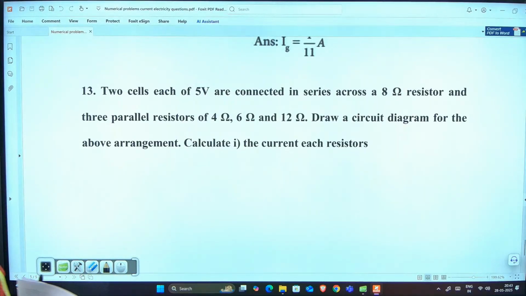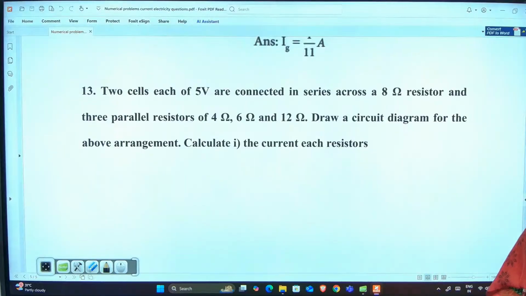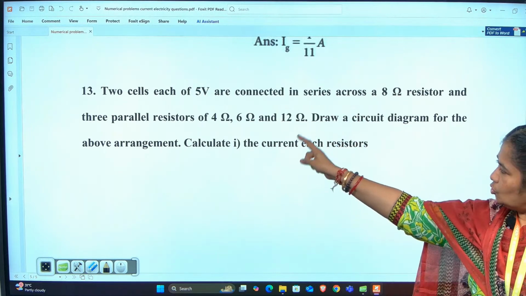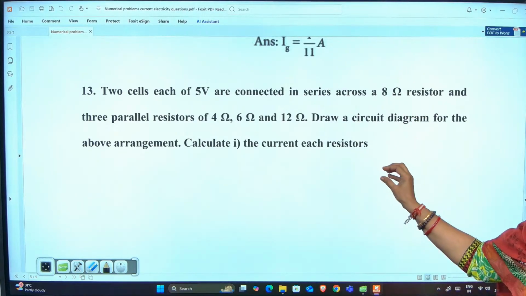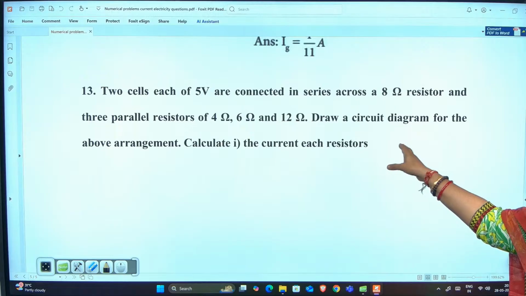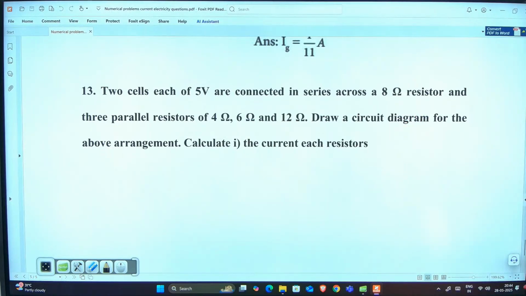Draw a circuit diagram and calculate the current in each resistor. First you draw the circuit diagram. Show this 4, 6 and 12 in parallel. Along with that parallel connection, draw a series of 8 ohm resistors. Then 2 cells each having 5 volt. Very easy.